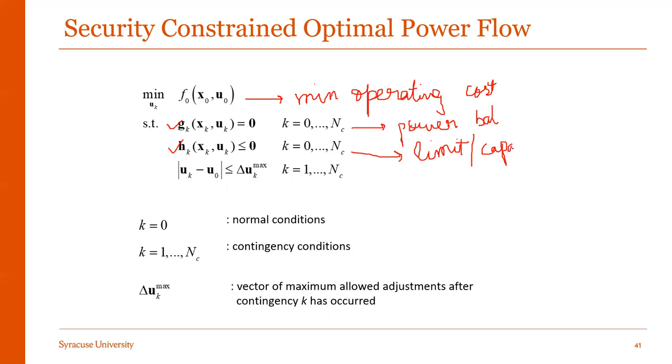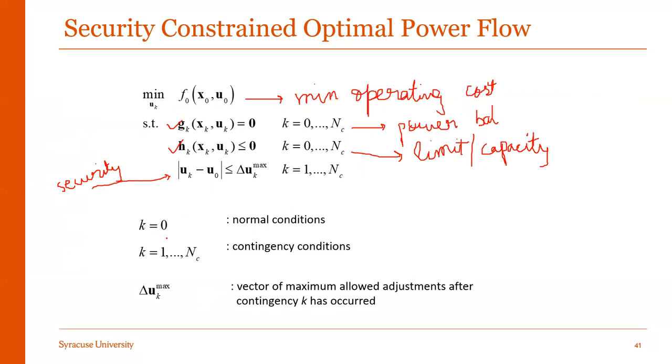These limits and capacity constraints are for lines and generators. So we now add another constraint which takes into account the security. We will be focusing our discussion on this constraint as of now.